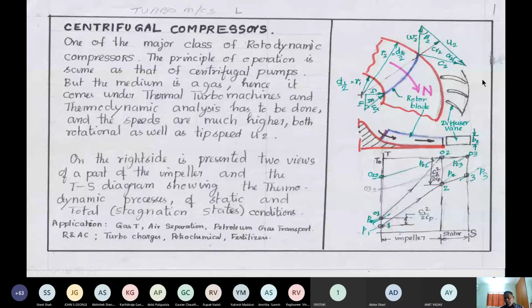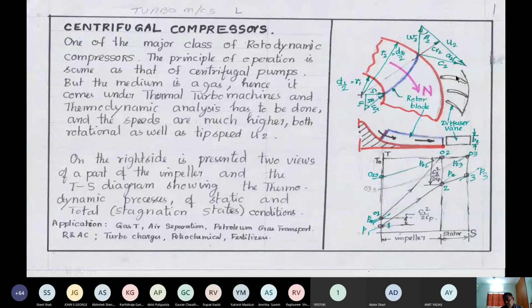Now coming to the right hand side, you have a partial impeller. Then the vane is shown in blue color. Then the velocity triangles are drawn at the exit and inlet. After the impeller, you have a set of blades.